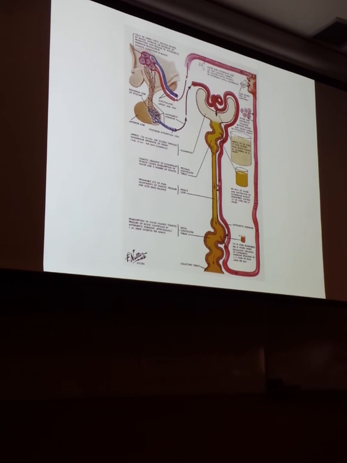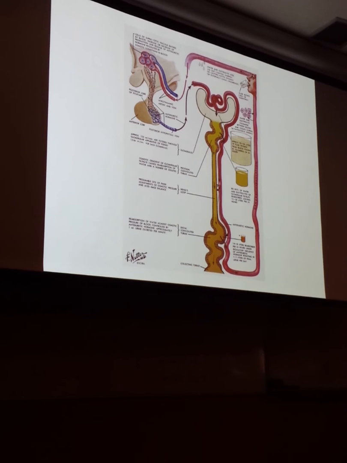And to understand how this works, you have to know a little bit about the kidney. In the glomerulus of your kidney, you filter about 100 liters a day. So the glomerulus is filtering a huge amount of fluid. Most of the water gets reabsorbed in the proximal convoluted tubule, about 80% of that.